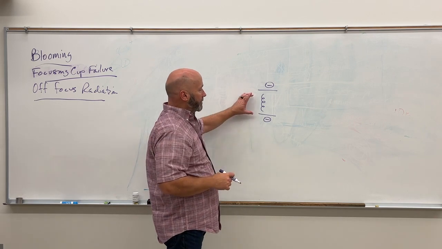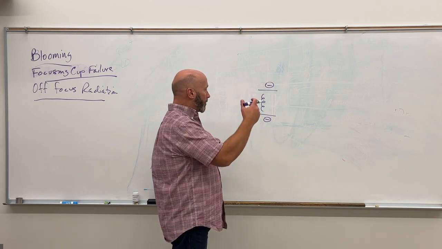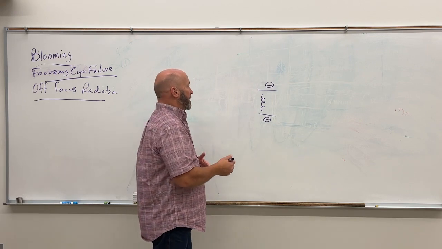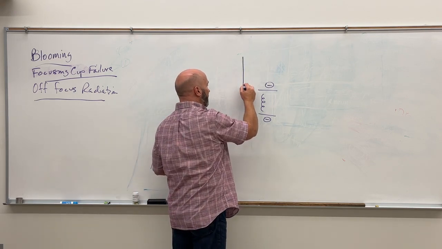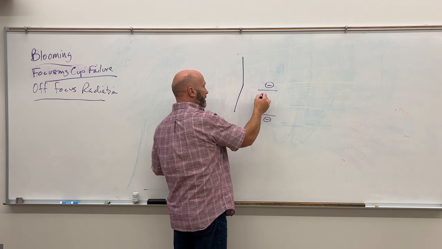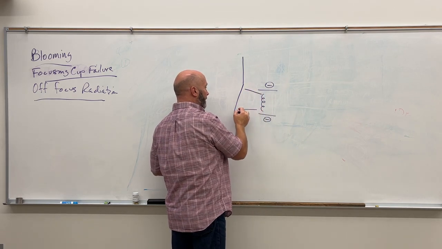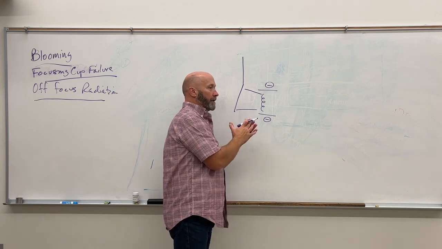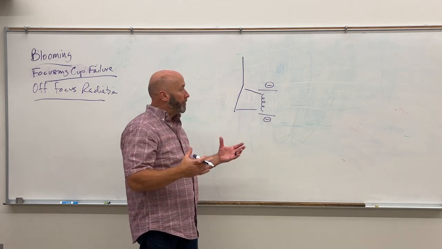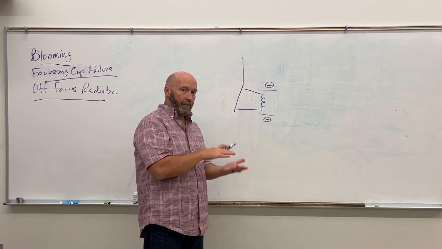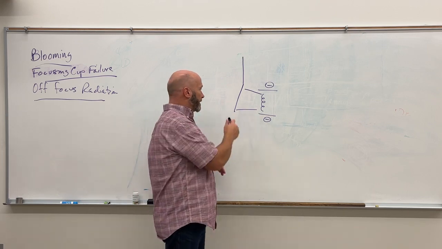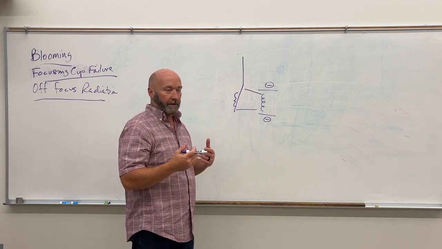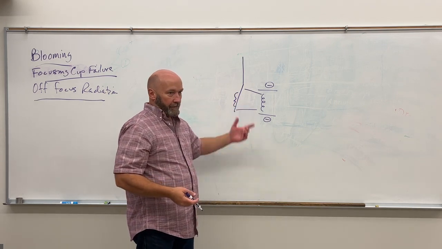Even on a large filament, you're going to have a hard time compressing that cloud of electrons enough to where once you hit the tube with a KVP, they don't spread out a little bit. Blooming of the space charge refers to an enlargement of the space charge to the point that the focusing cup can't compress it enough to put it onto the anode where we want the stream of electrons to interact. So is that off-focus radiation?